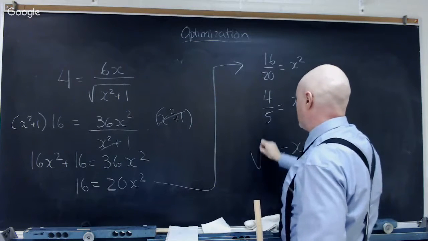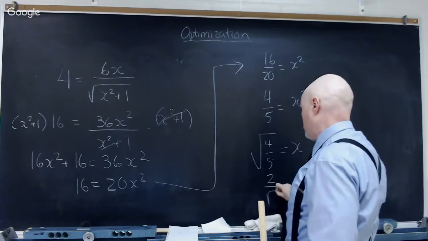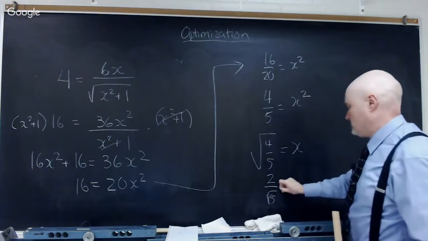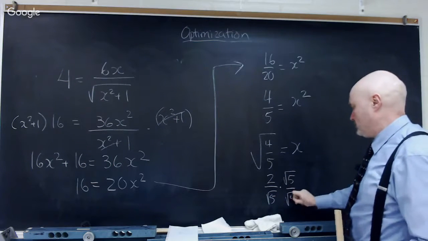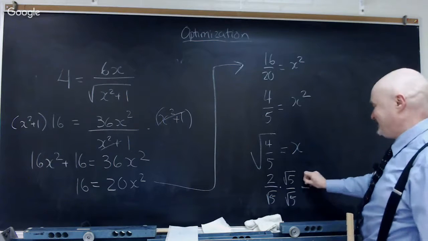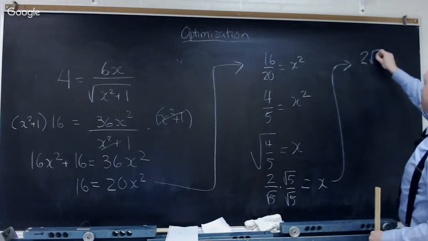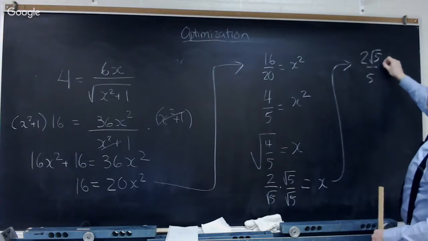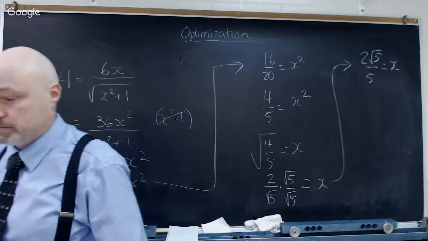X is equal to the square root of 4 over 5, which is 2 over the square root of 5. And if we really wanted to make it pretty, multiply top and bottom. 2 root 5 over 5.